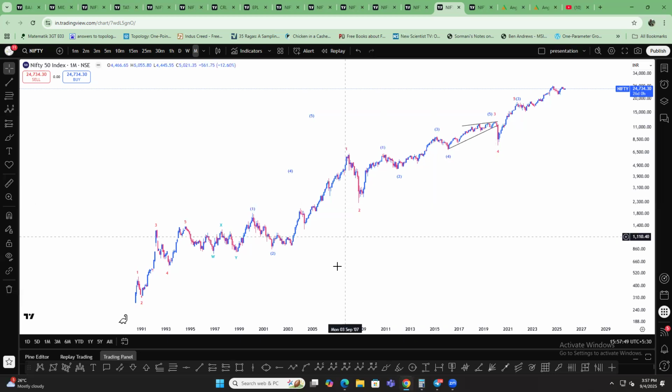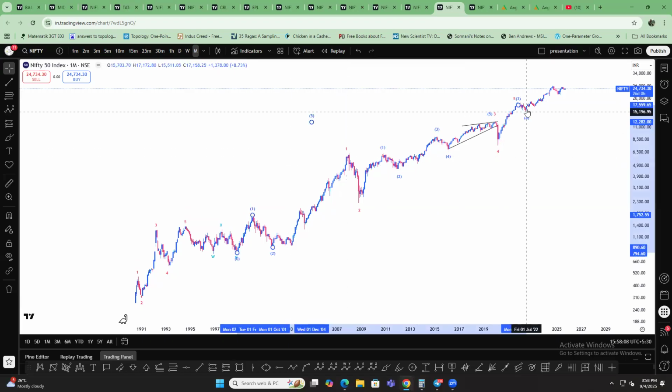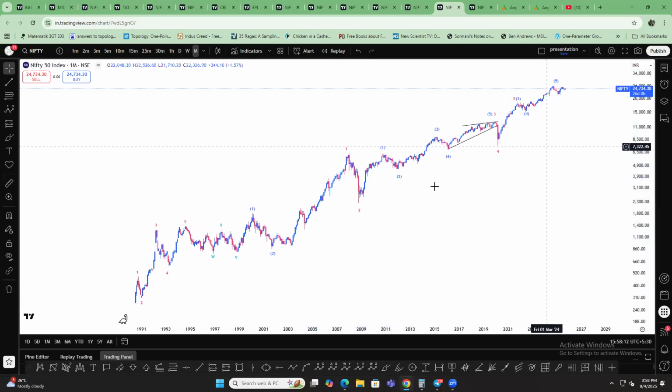Okay, so where we are now, so this is 1, 2, 3, 4, 5, 1, 2, 1, 2, 1, 2, 3, 4, 5, 3. This is 4, and 5 is going on to complete the bigger wave 3.